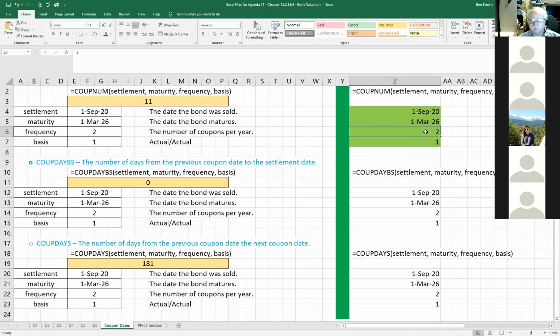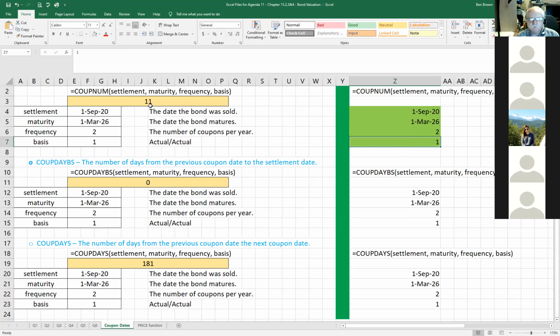And you probably never need to change that. And the one says we're doing actual. This is necessary because in some countries, they do these calculations and they use a 360-day year. But in Canada, we use a 365-day year. So this has to stay as number one.